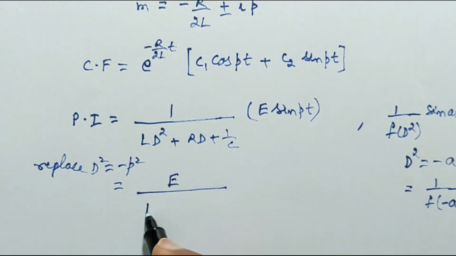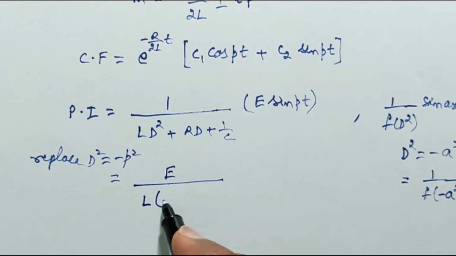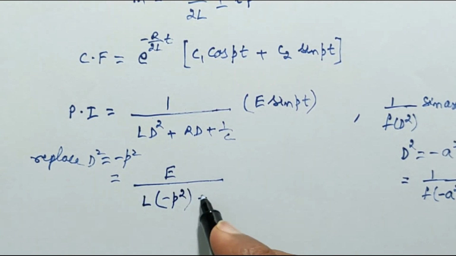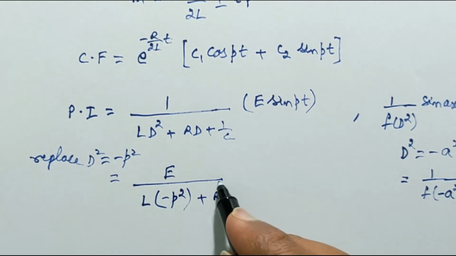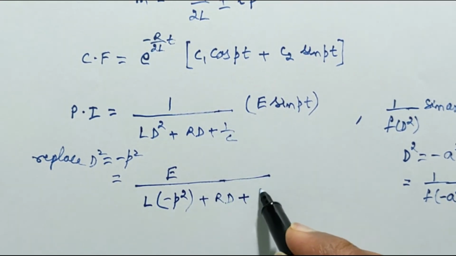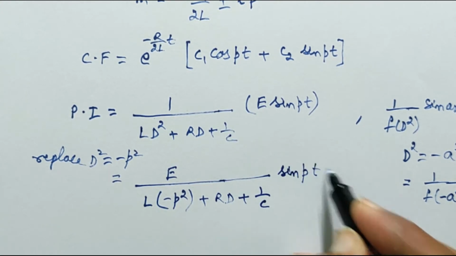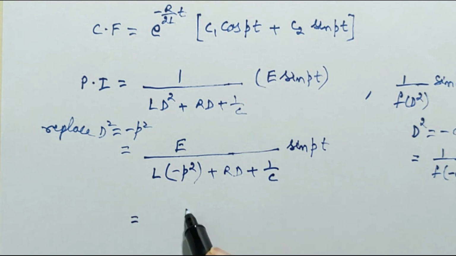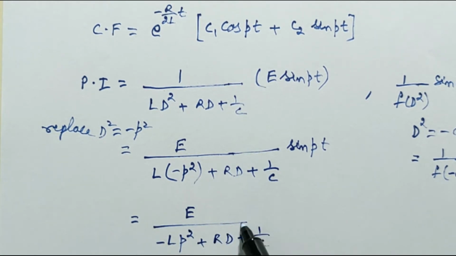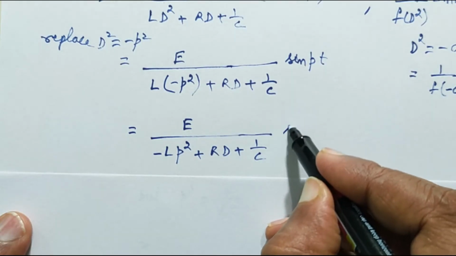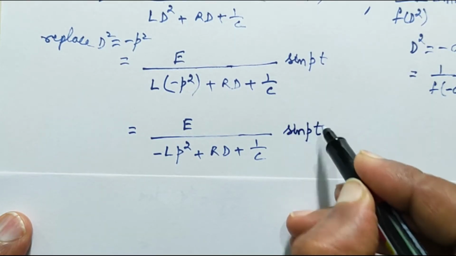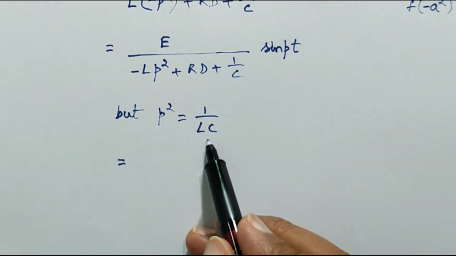So we will be getting L times of D square being replaced by minus p square plus R times D plus 1 by C times sin of PT, which will be equal to E divided by minus L times P square plus R times D plus 1 by C into sin of PT. But the value of P square is 1 by LC.